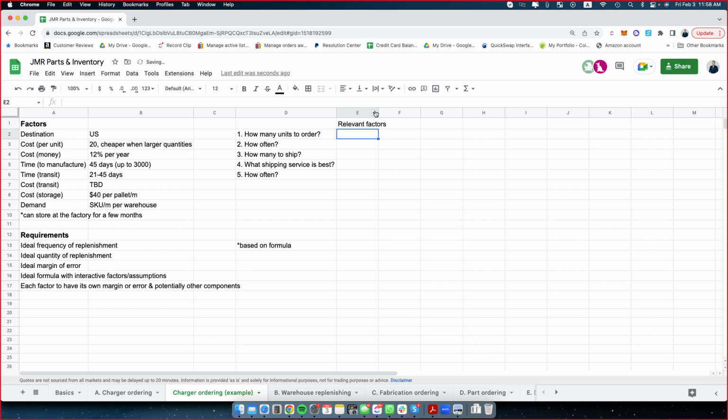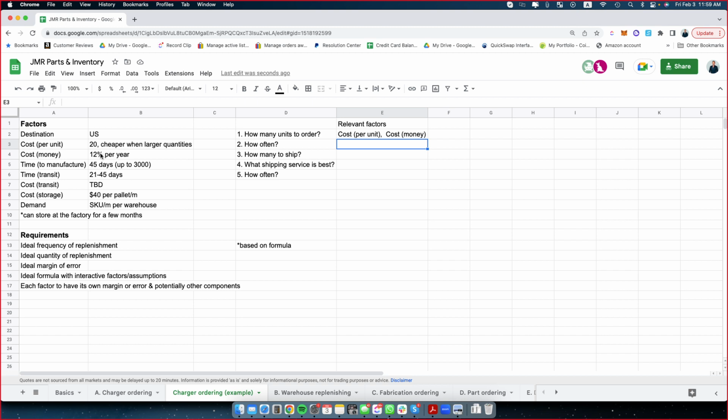So, in this case, how many units to order? One factor is going to be cost per unit because the more we buy, the better price we get. The other factor is the cost of money because the more units we buy, the more money we have to spend right now.